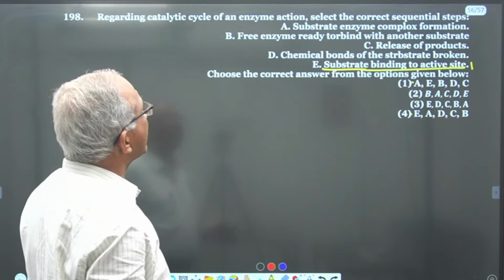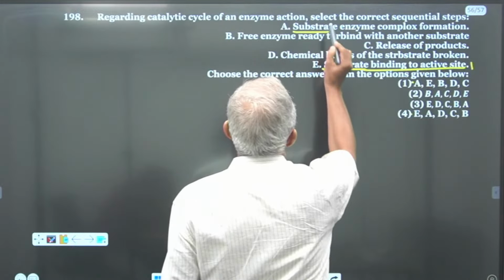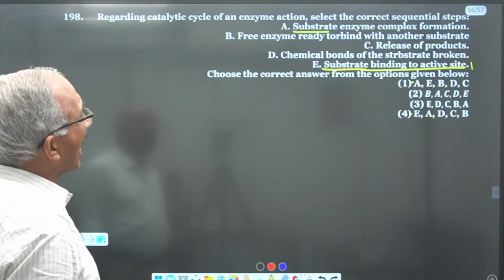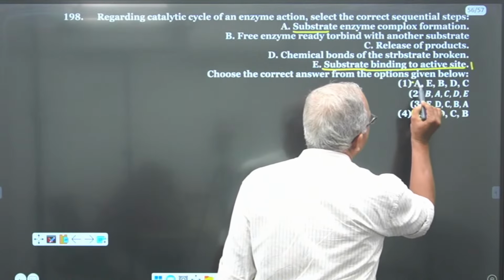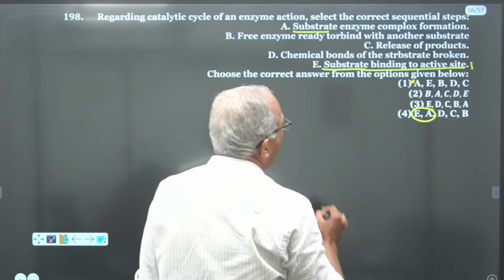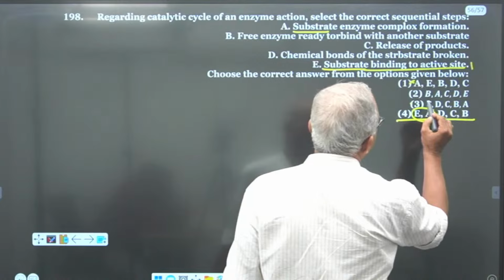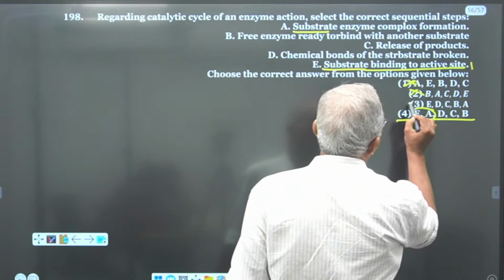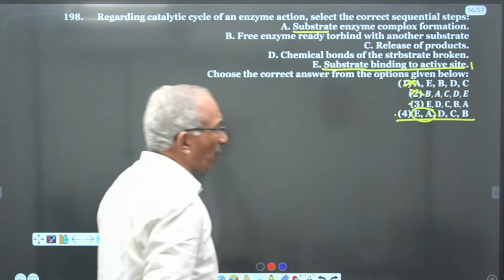Second one is the enzyme-substrate complex is formed, so the answer should be E A. We can drop option 1 and 2 because starting should be E. Answer is 4.